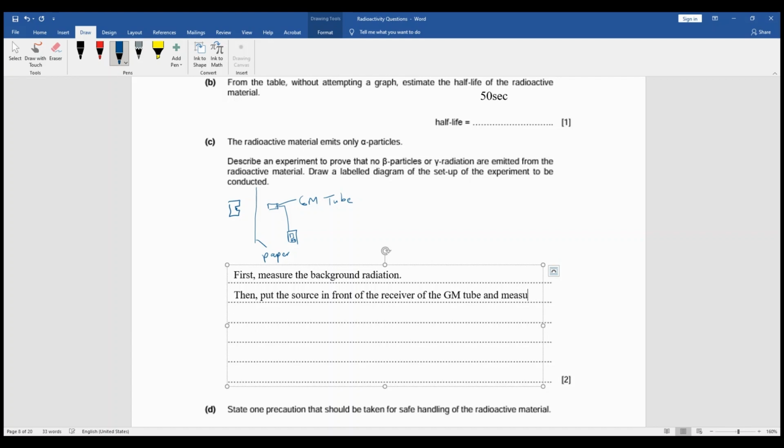Okay, don't measure, read the counter reading.